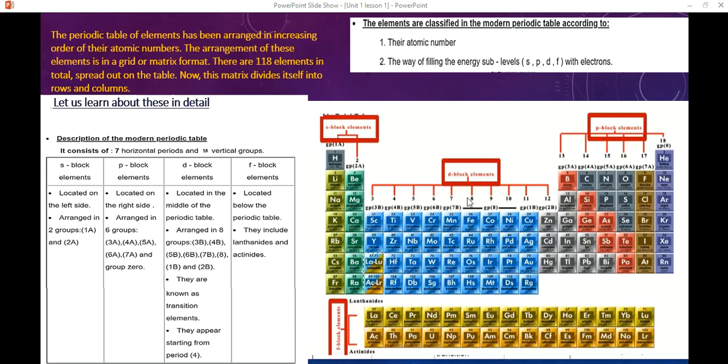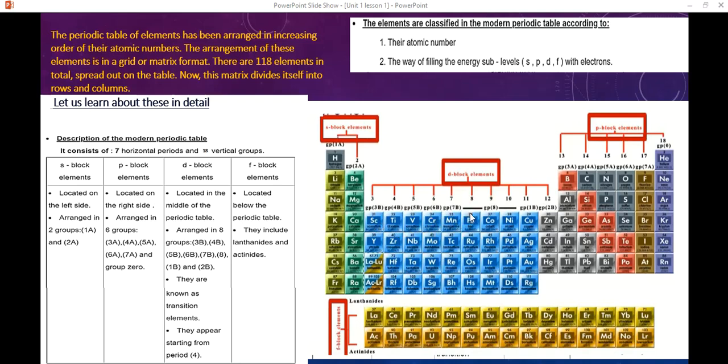And in the middle we have D block elements. D block elements contain 10 vertical groups, starting from 3B and continuing 4B, 5B, 6B, 7B. So start from 3B to 7B.